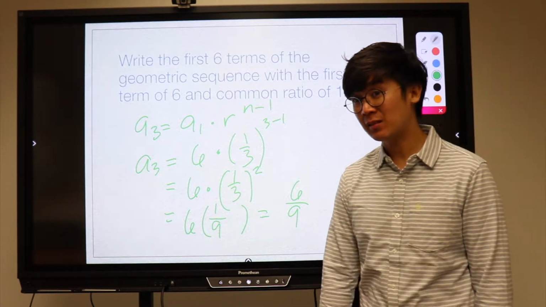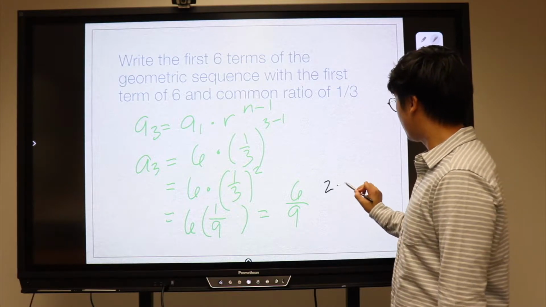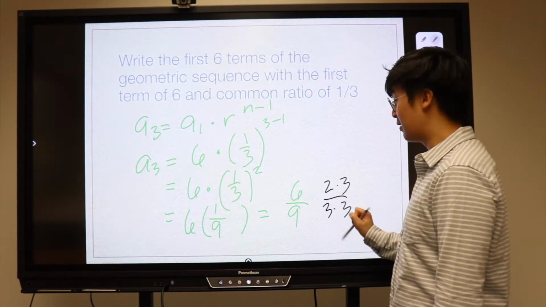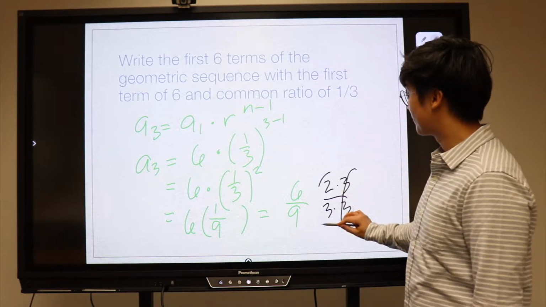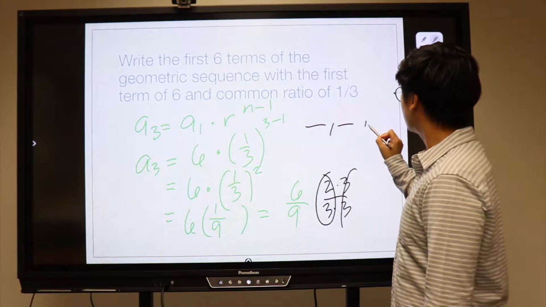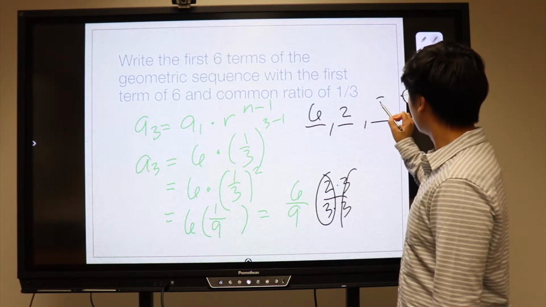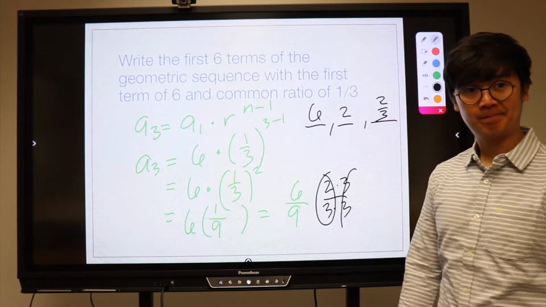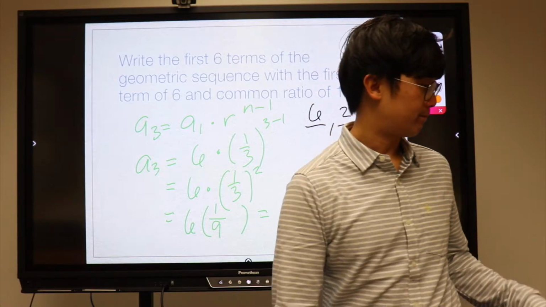Can we simplify this? Yes. This is 2 times 3, and this is 3 times 3. So it's 2 over 3. So the first 3 terms: what was the first one? 6, 2, and 2/3. Okay?